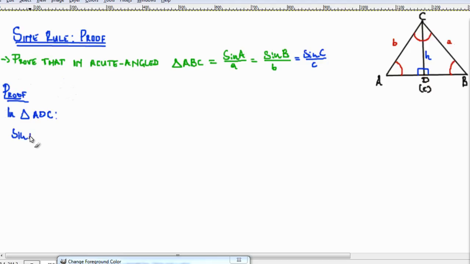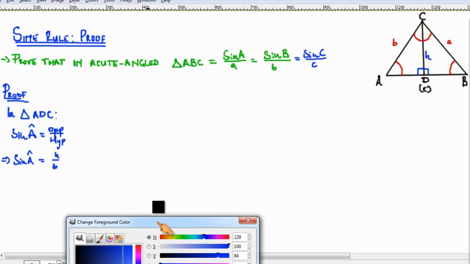sine of angle A should be opposite over hypotenuse. That means sine of A will be the opposite side in this triangle, which is h, over the hypotenuse, which is small b.